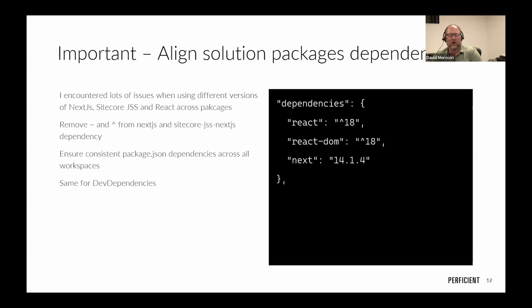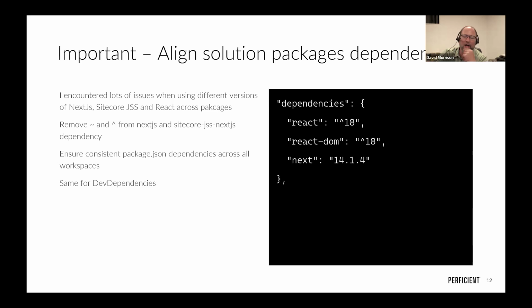One thing I wanted to call out: when you're working with multiple web servers, and especially if you're not going to run the create React app or create Next.js app at the same time, you might create site A at one point, and then create site B with the JSS app a second time.